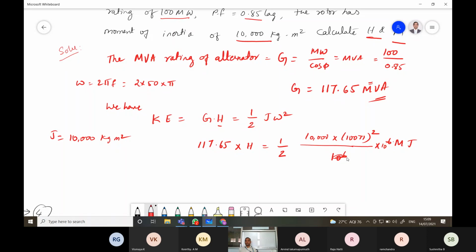Minus 6 means you write it in the denominator as 10 raised to 6. Both are the same, in terms of megajoule. So calculate the H value.